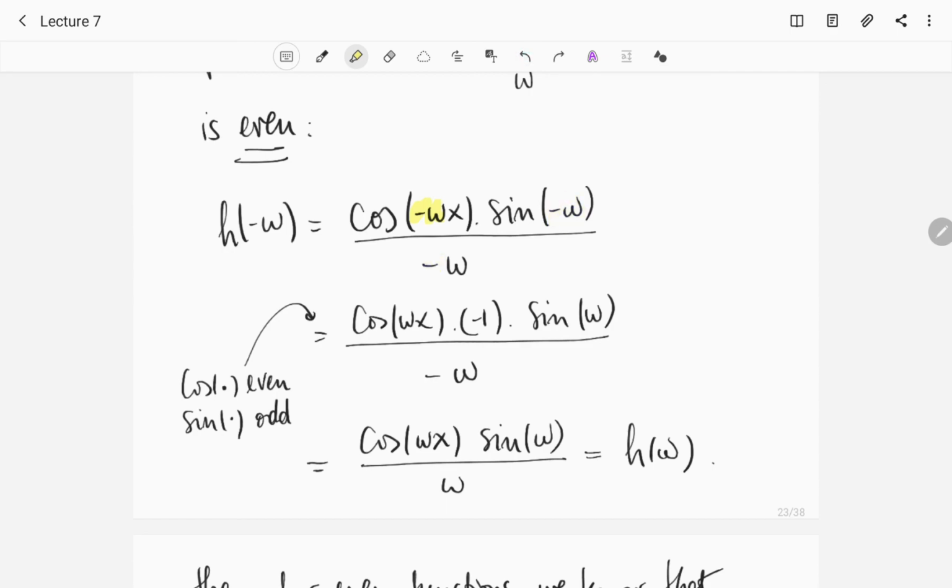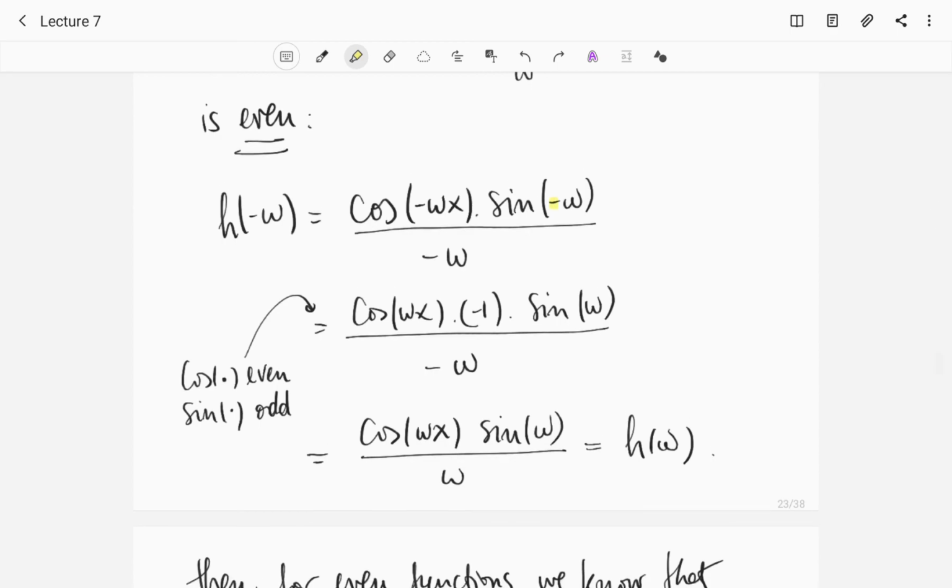And then we use, as usual, that cosine is even and sine is odd. So this minus disappears in some sense, and this minus goes out of the sine. And now if we cancel these two minus signs, we get exactly h of omega, and this is exactly the definition of being an even function. And so we have that h is an even function.